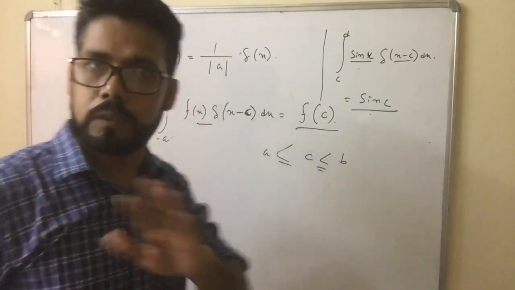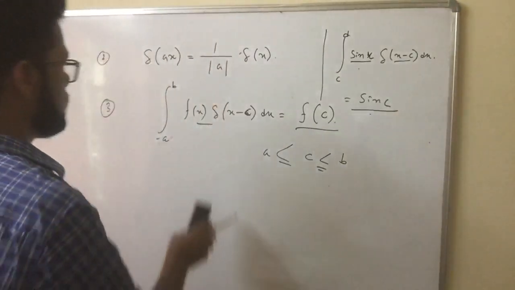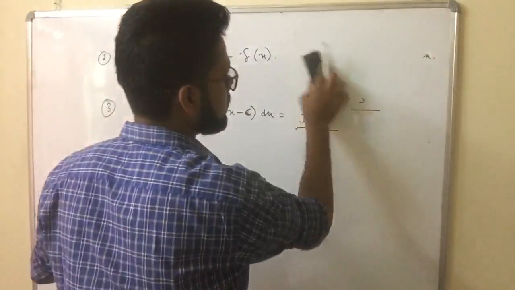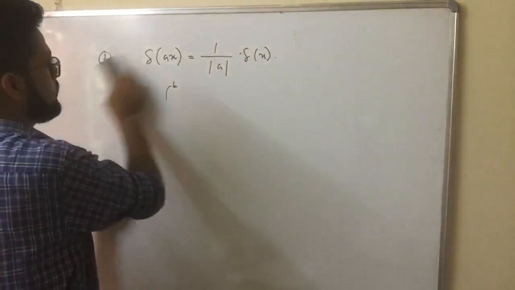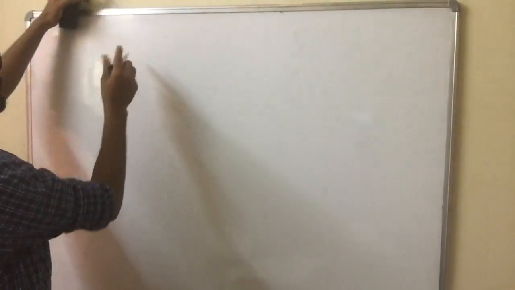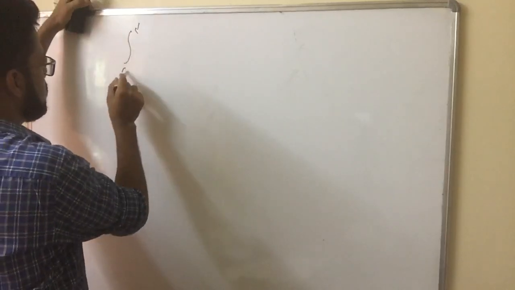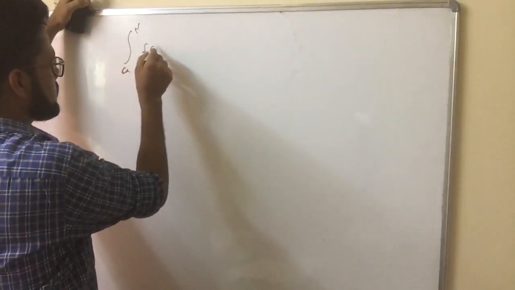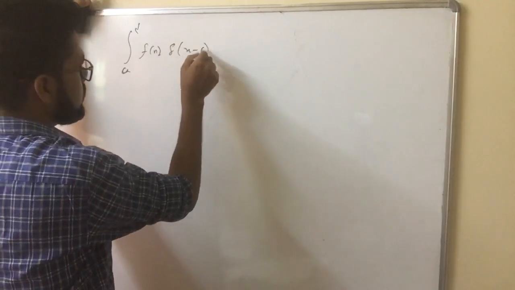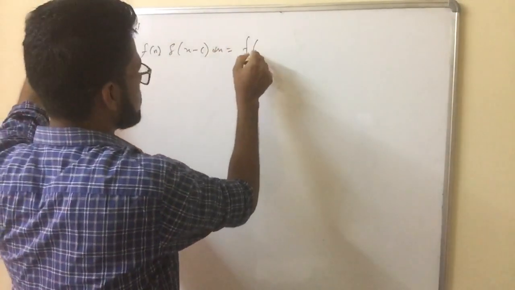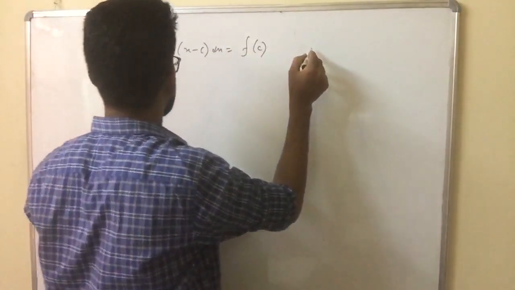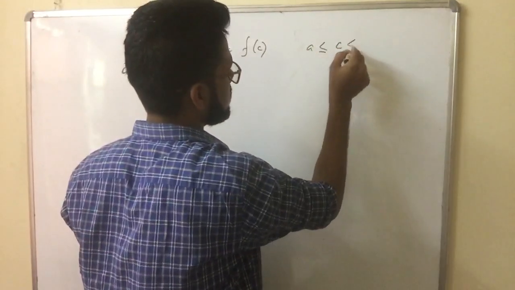Okay, probably you don't understand, so I am giving one example, then you will understand. According to this theorem, I am writing again: the integral from a to b of f of x delta x minus c dx equals f of c, and c must be greater than a and less than b.